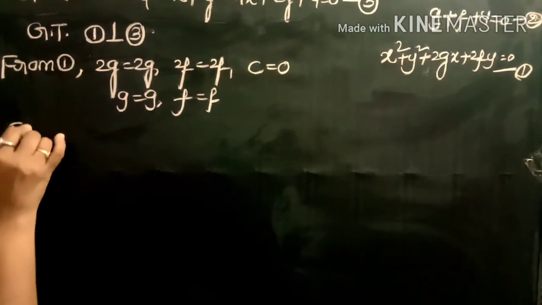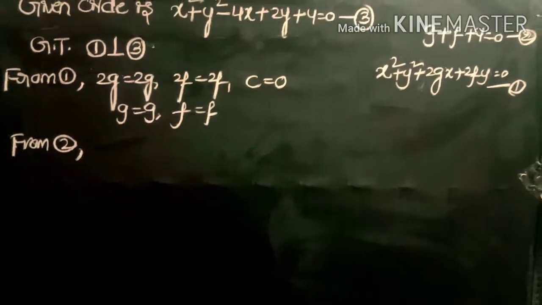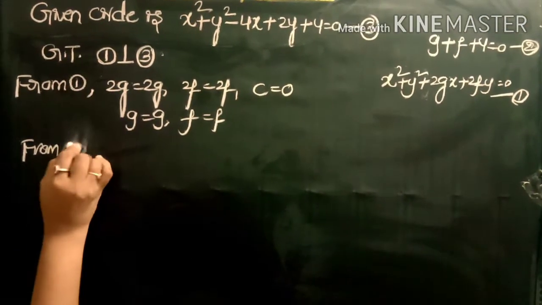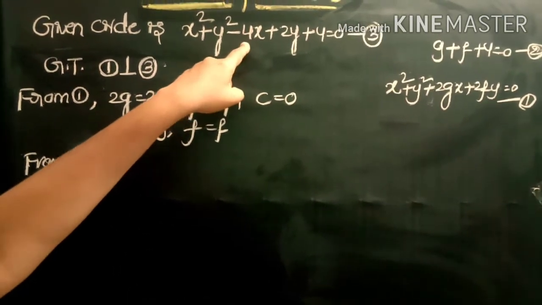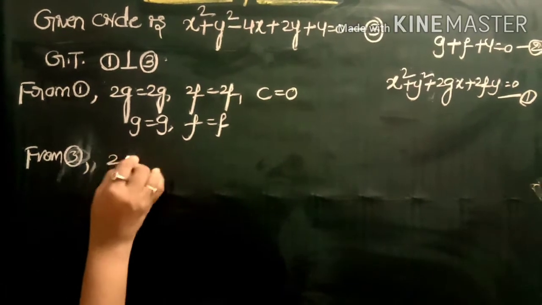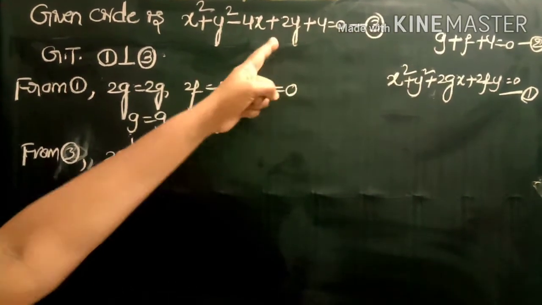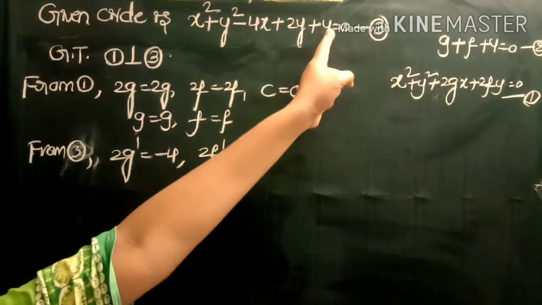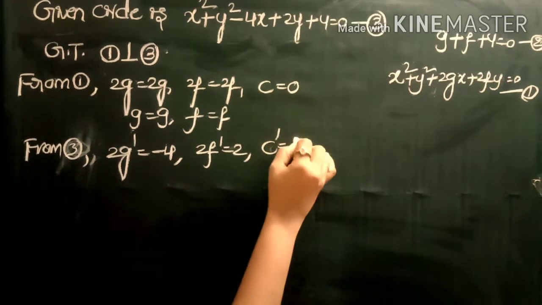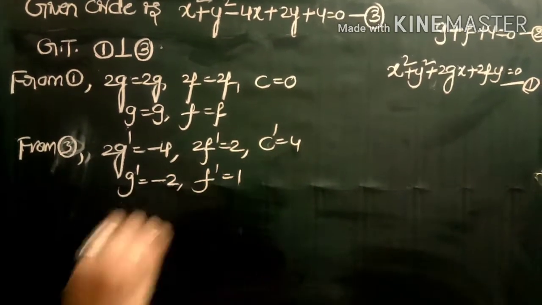Now from the third equation, here 2g dash is equal to x coefficient minus 4 and 2f dash is equals to y coefficient 2 and c dash is equals to 4 constant, that is g dash is equals to minus 2 and f dash equals to 1.